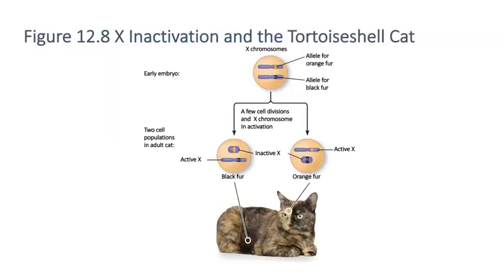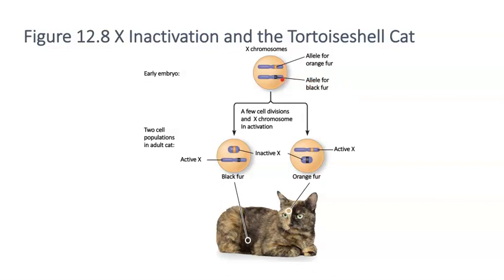Something that's interesting in cats, which a lot of people are very interested in, is that it's just so very physical. You can see this, that the color of cats is located on the X chromosome. And so there's an allele for orange fur in this case, and an allele for black fur, but they're on the X chromosome.